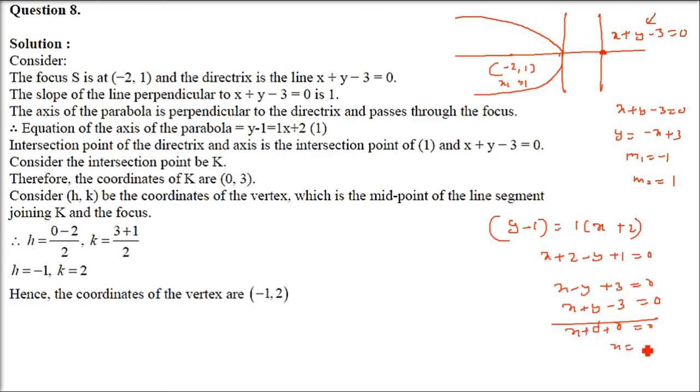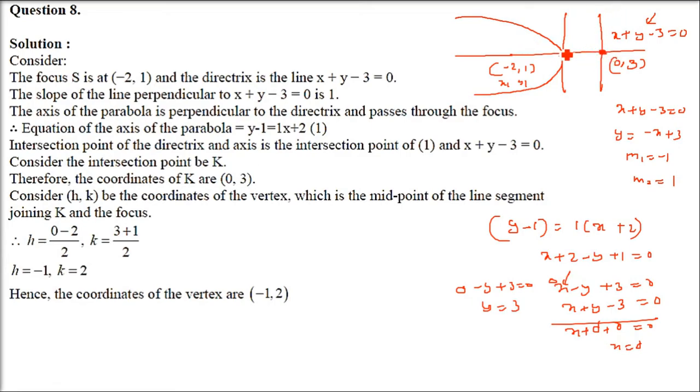Just add these two and you'll get x as 0, and putting x as 0 in either equation, y will be equal to 3. So x is 0, y equals 3. So this point is 0, 3.